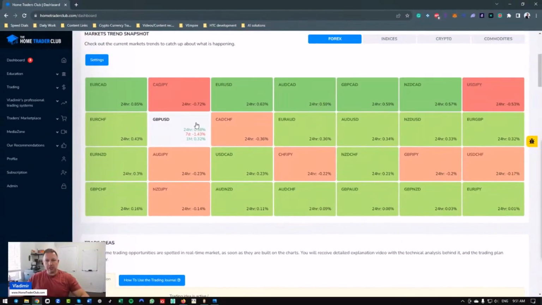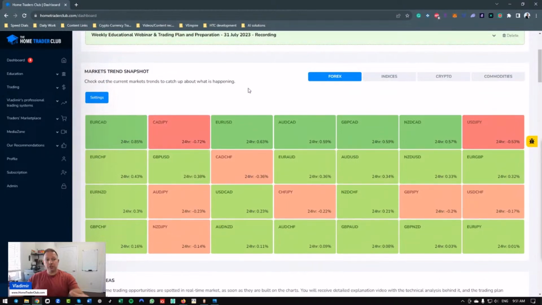Usually, such numbers come. By the way, before that, that's one of the features we have in Home Trader Club. This is the market trend snapshot, and I love that. It gives me the visual and, what I love, the numbers perspective of where the opportunities are. As you can see, very green is usually bullish, while very red, of course, is bearish.